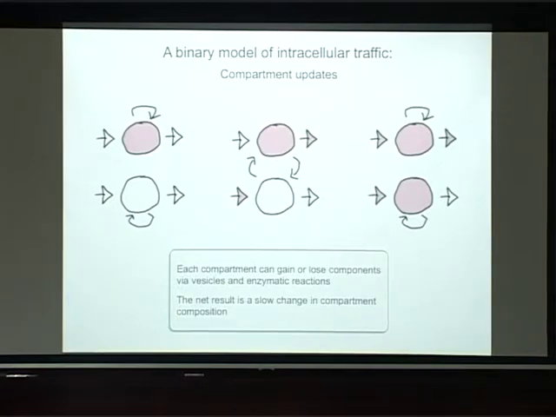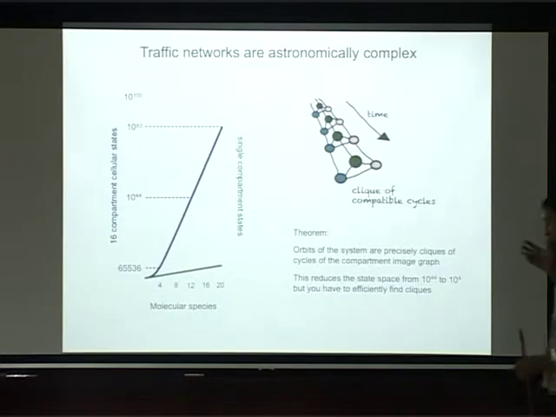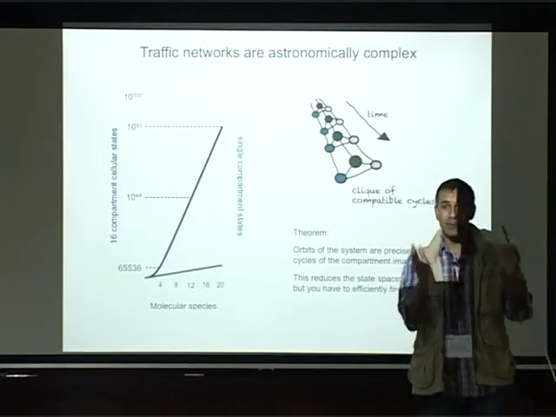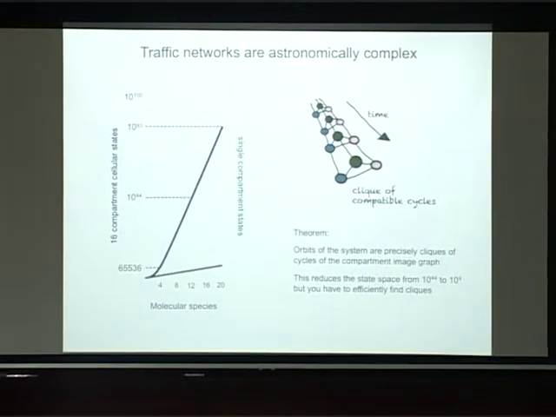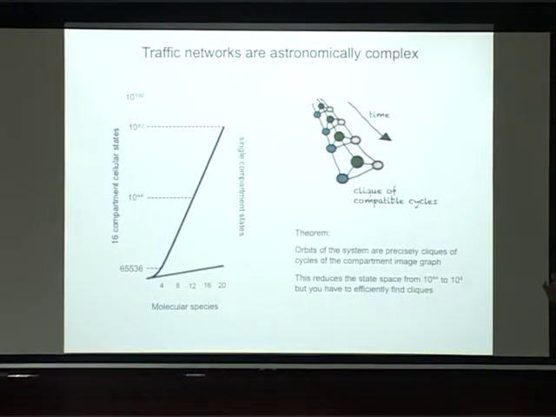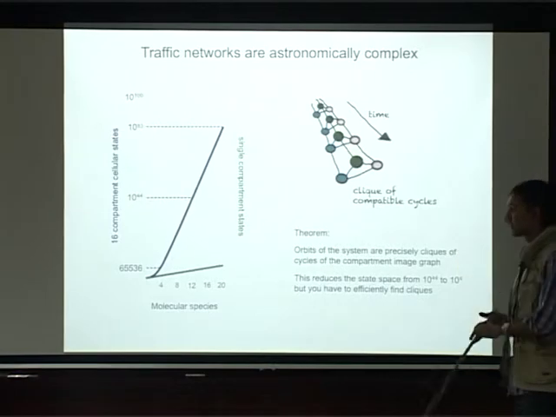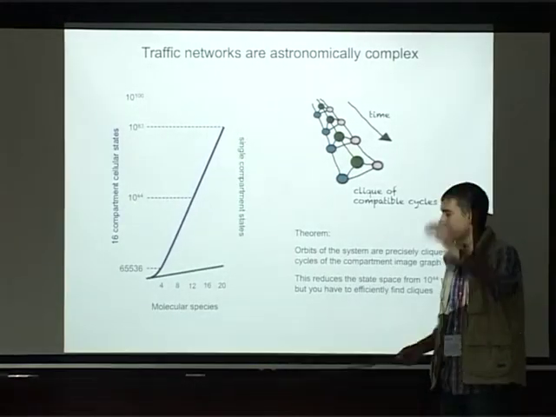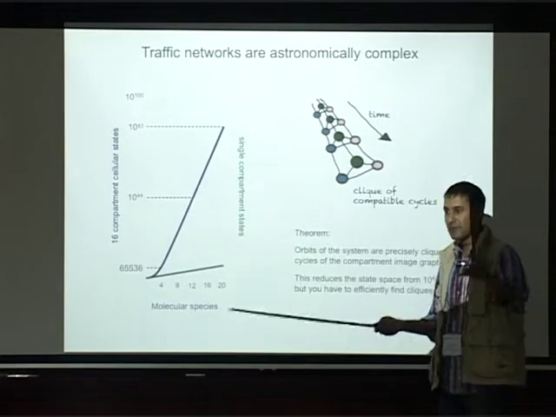Now, a little bit about complexity. I'm putting this out here not to get into the details, but to tell you that even if you accept that a binary model is a very good approximation, you can ask how complicated this model turns out to be, and it turns out to be extremely complicated. I just showed you an example of 4 molecular species, but a real cell will have hundreds of molecular species.